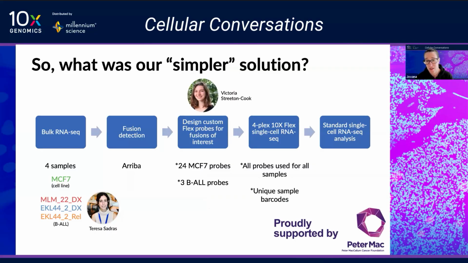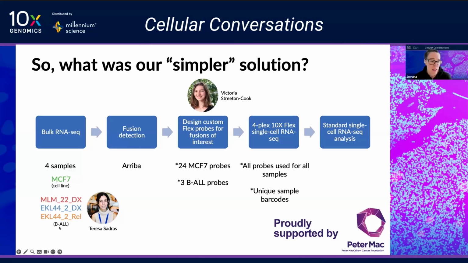Well, we designed this pilot experiment, which involved playing each technology to its strengths. So bulk, we know, is very good. We can sequence very deeply, and there are lots of fusion detection tools to pick up fusions. So we wanted to leverage this to allow us to design fusion-specific probes that were specific to our samples that we could then spike into our 10x Flex.